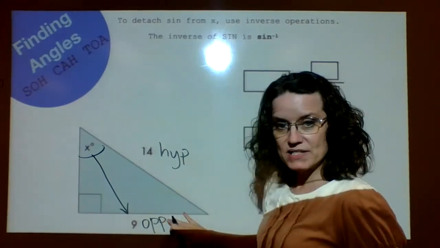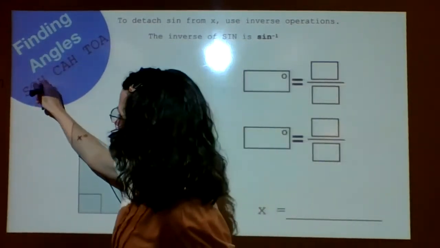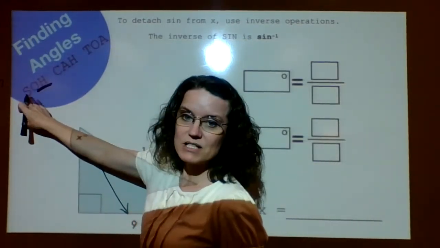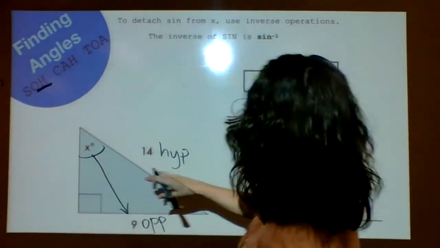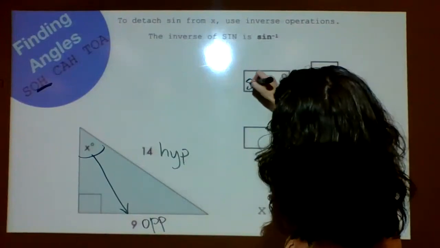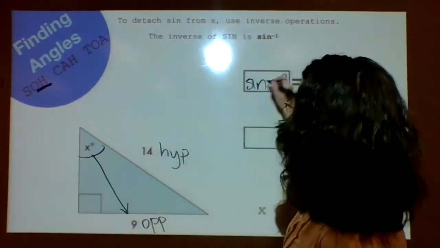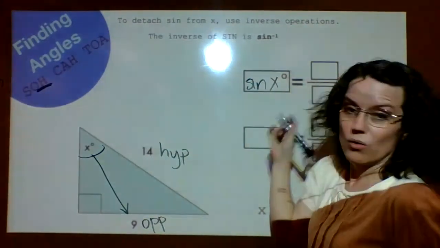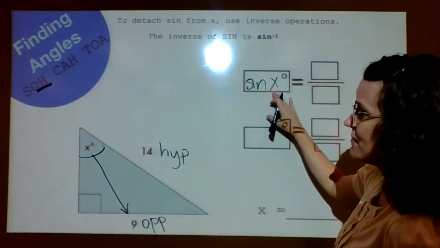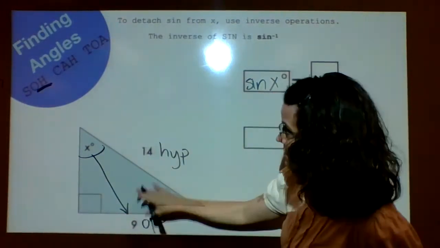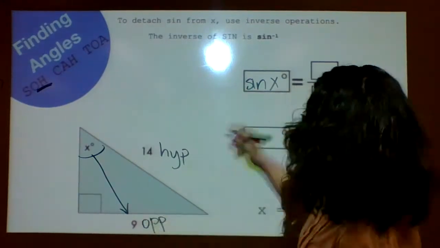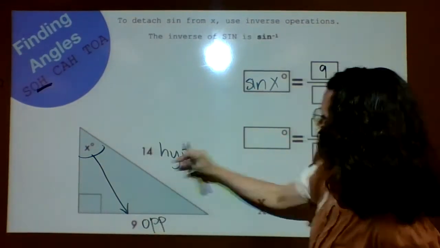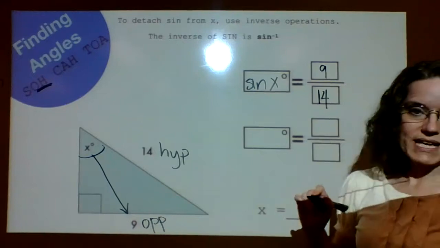Opposite and hypotenuse reminds me to use the sine because it starts with S. So I'm going to do sine of my angle, which I don't know, so it's sine of x, and I set up the numbers: the opposite is 9, and the hypotenuse is 14.